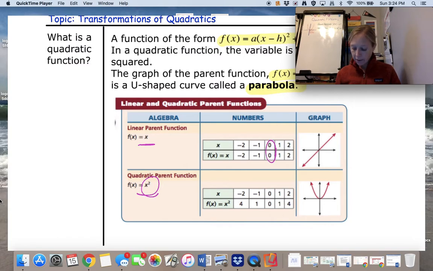The first one is 0, 0, and the second is 1, 1. And maybe you recall from sections 1.8 and 1.9, almost every parent function has those 2 points in common of 0, 0 and 1, 1. We can see the graph of a linear function is a straight line, and the graph of a quadratic function is that U-shape called a parabola.